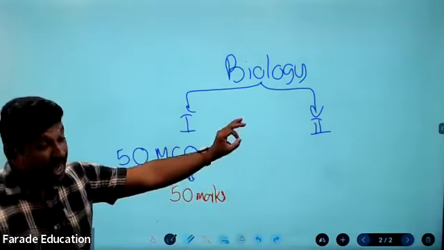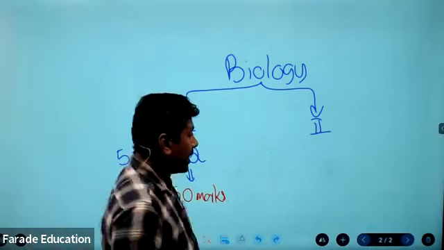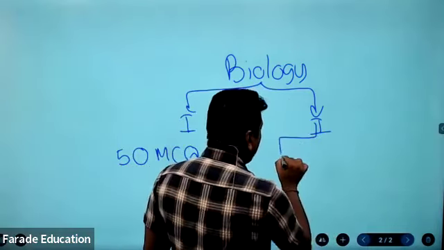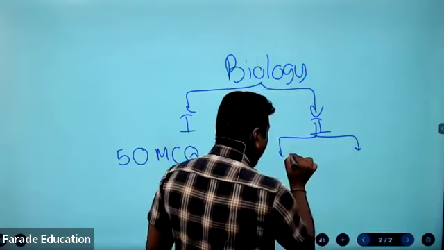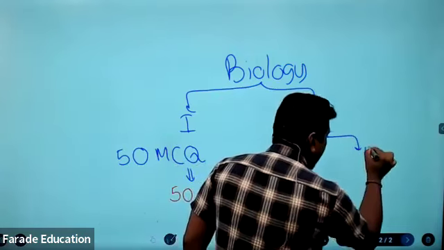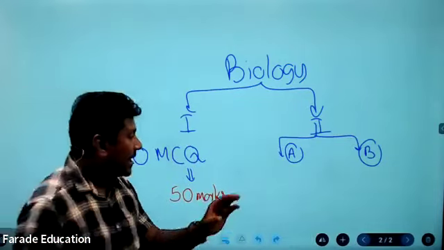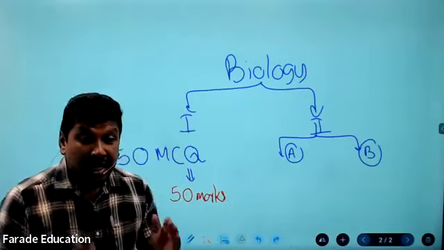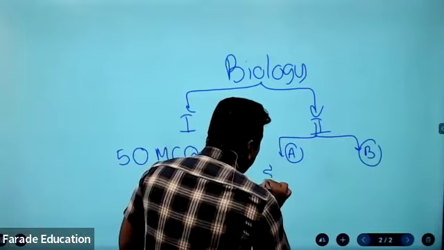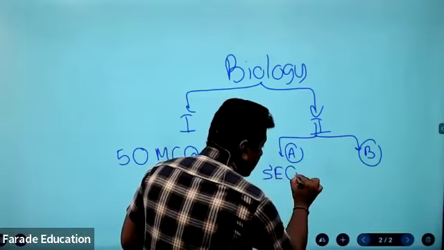Biology 2 paper has again two parts, A and B, right? In the A paper, you have structured essay questions.